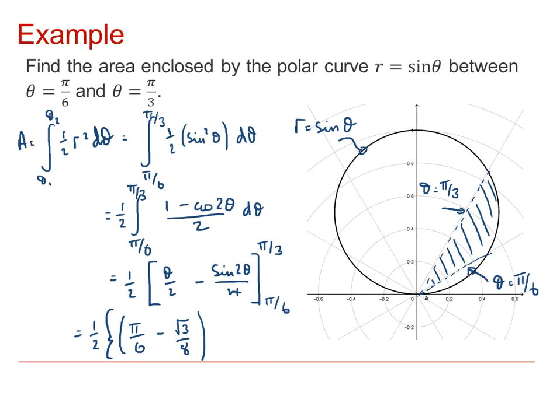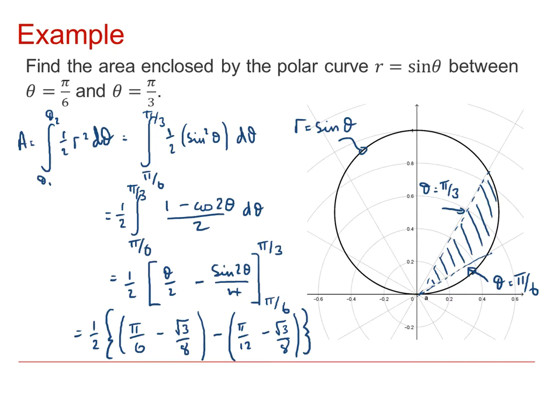Then substituting the value pi by 6, we get pi by 12, the first part, and then 2 times pi by 6 is pi by 3, so we get sine of pi by 3, which is root 3 over 2, so again we've got minus root 3 over 8.